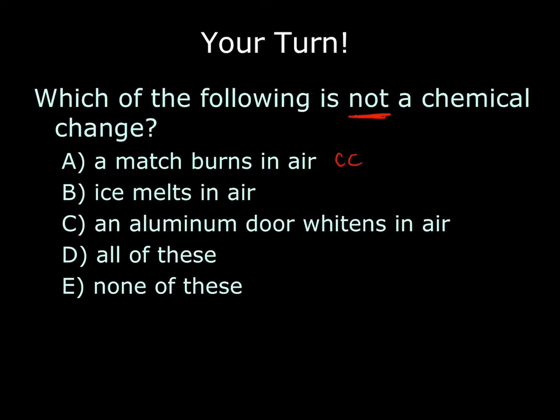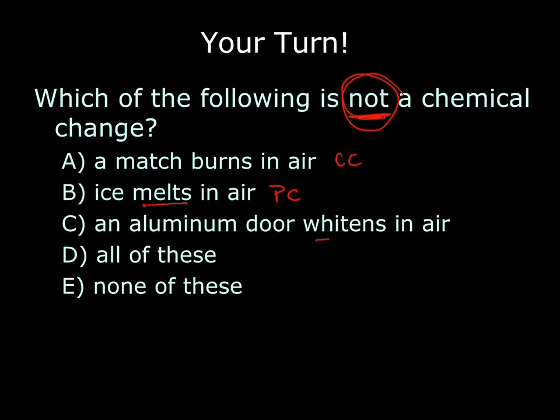Ice melts in air. So here we have, if you remember, a sort of change of state. Would that be physical or chemical? That's right. That would be a physical change. And so I think that might meet our criteria of not a chemical change. So let's keep B in mind. An aluminum door whitens in air.